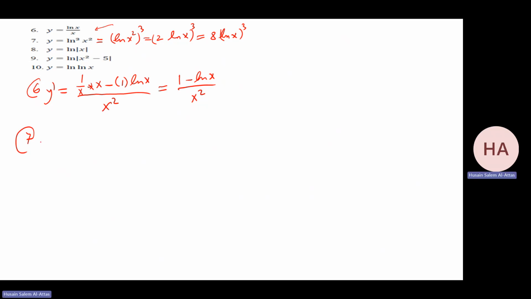Now I'll do the derivative. Y prime will be 8 times 3 ln x all squared, times the derivative of this, 1 over x. So that will be 24 ln x squared over x.